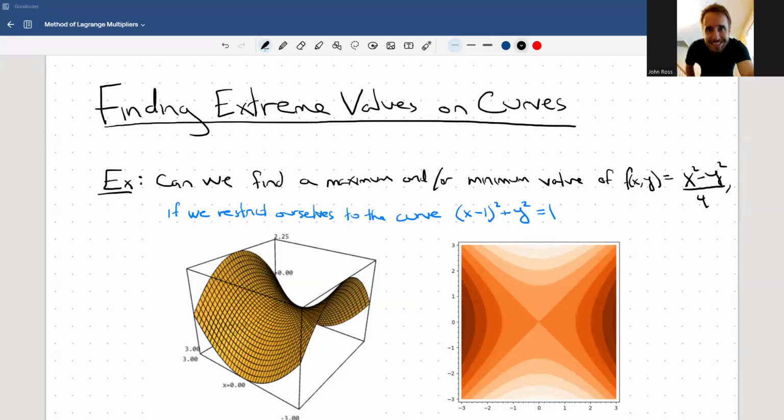But what we see here is an example of a hyperbolic paraboloid, right? So it's one of our quadratic surfaces. And it sort of looks like a Pringle, as we've seen.